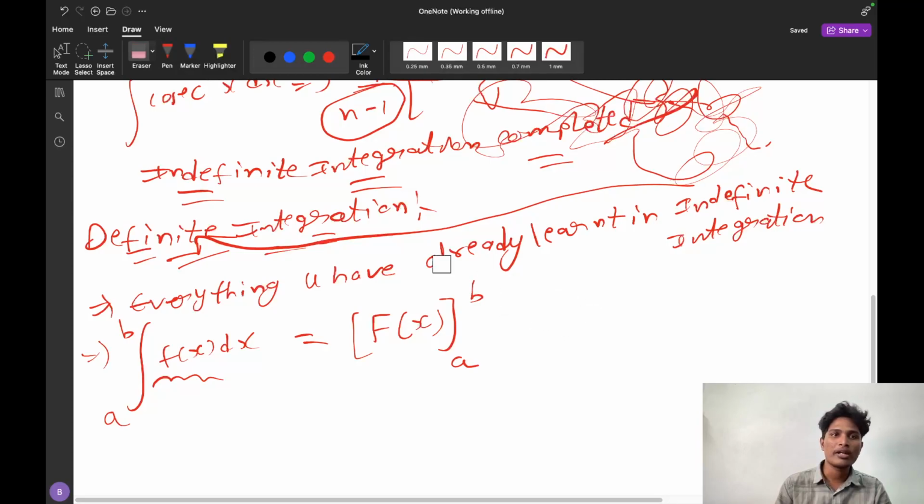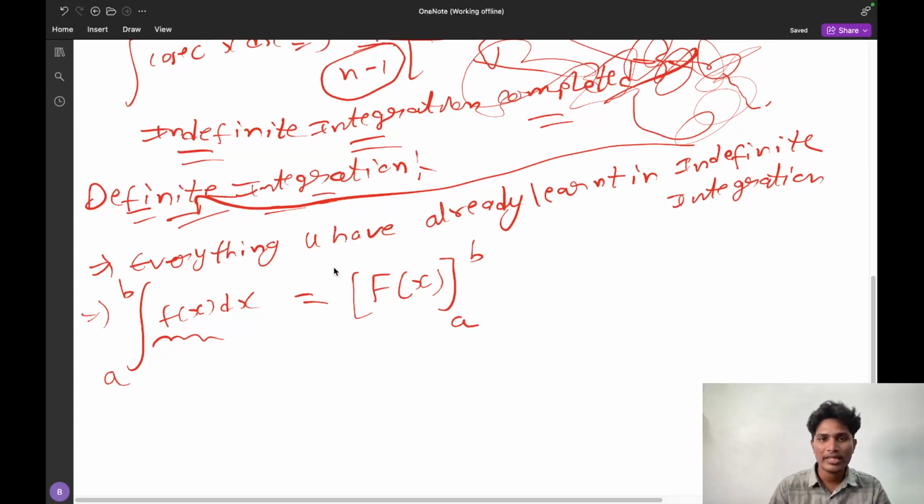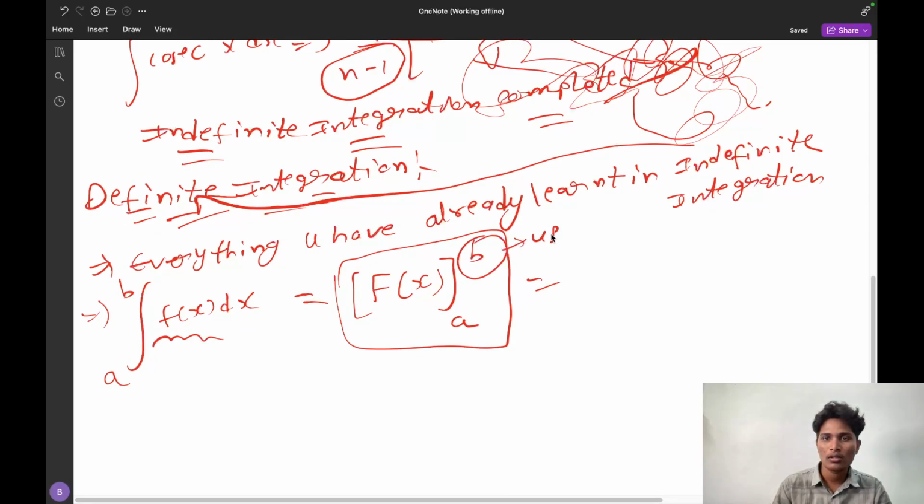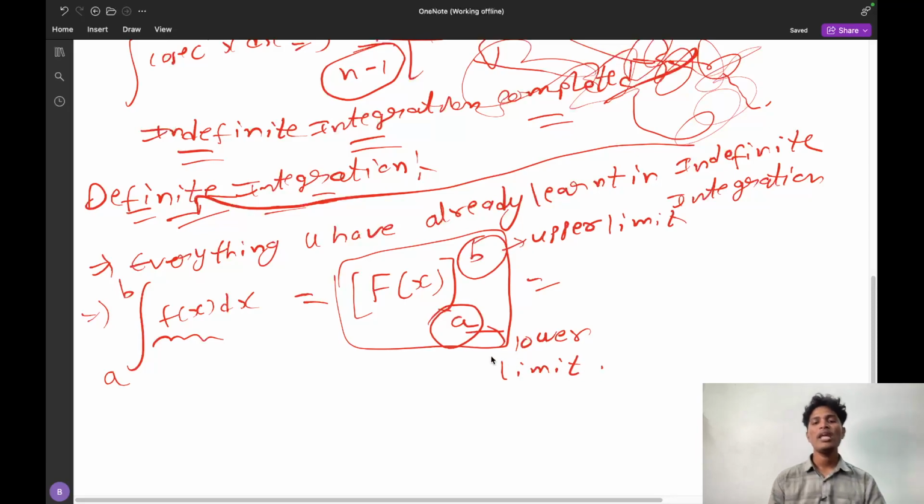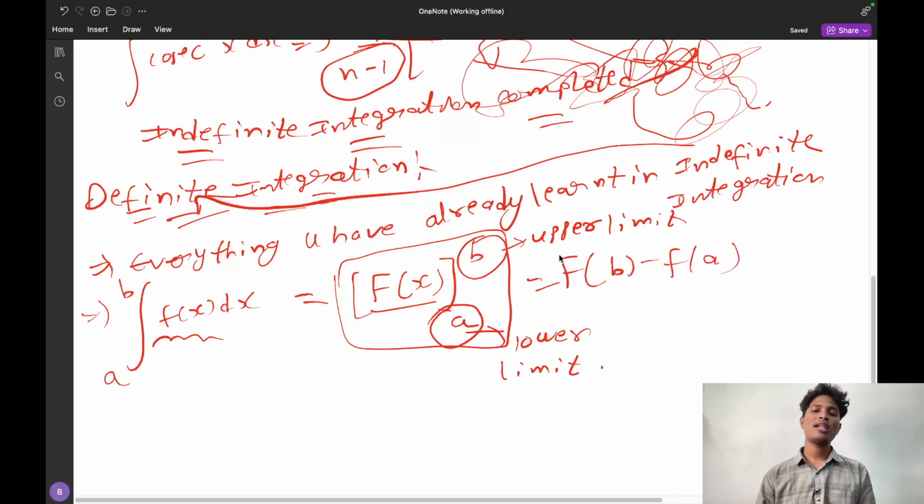This is called the upper limit, and this is called the lower limit. The answer is F of b minus F of a. So like this you have to substitute.